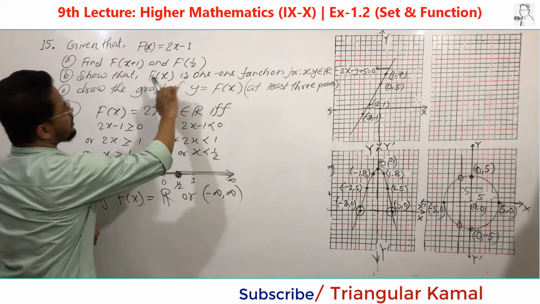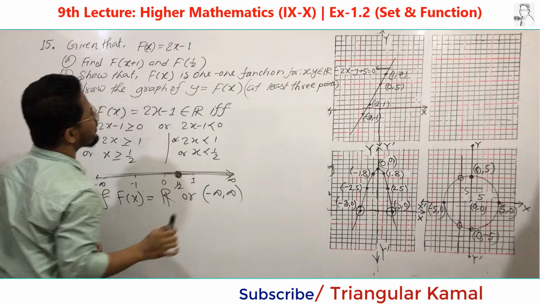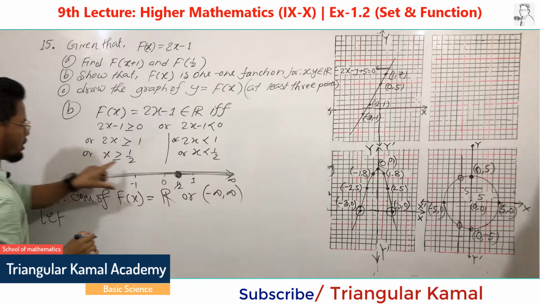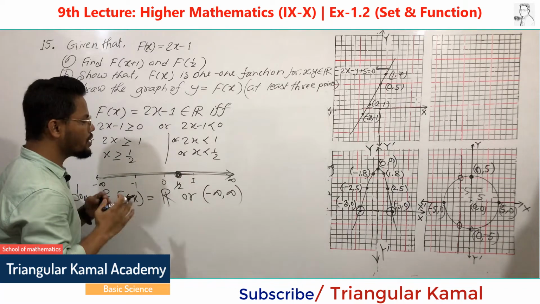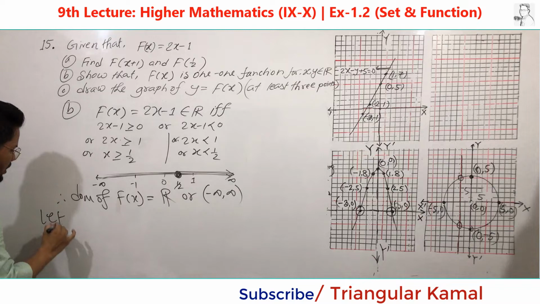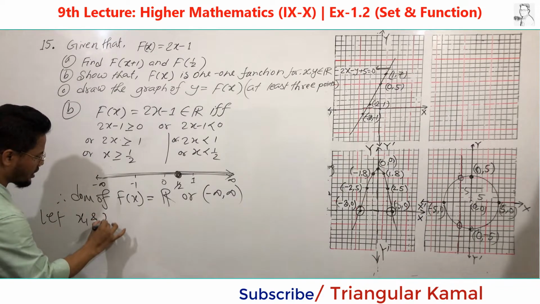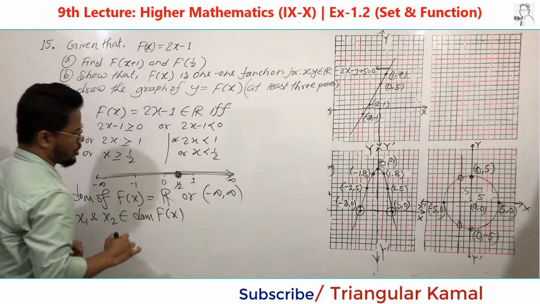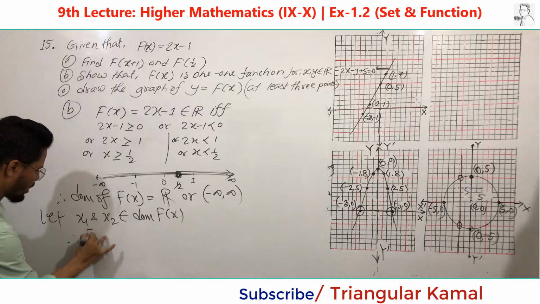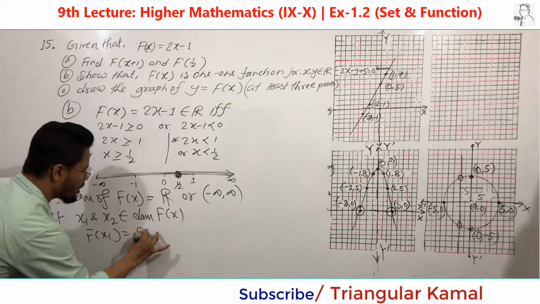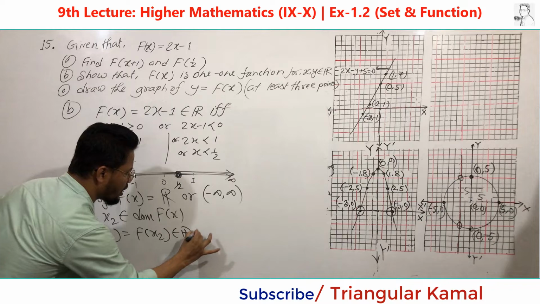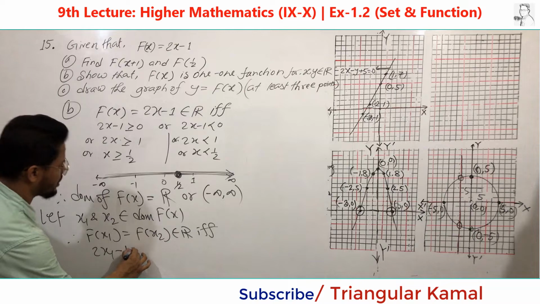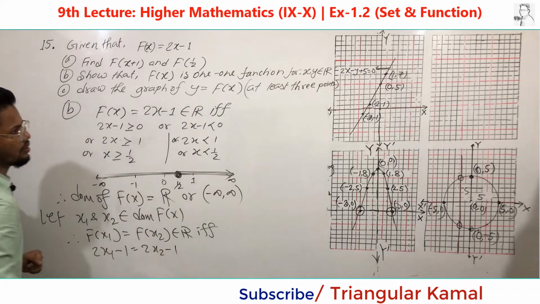So now the requirement: show that f of x is a one-to-one function. We said here that the whole real line is the domain. So we can take any value as a domain, considering two values. Let x1 and x2 be elements of the domain of f of x. So f of x1 equals f of x2 belongs to R if and only if twice x1 minus 1 equals twice x2 minus 1.